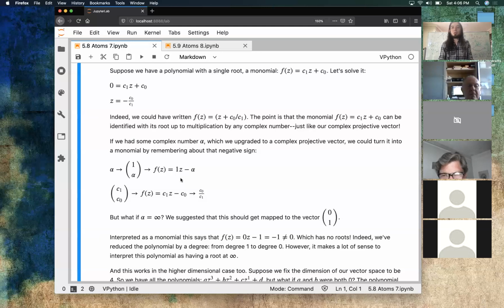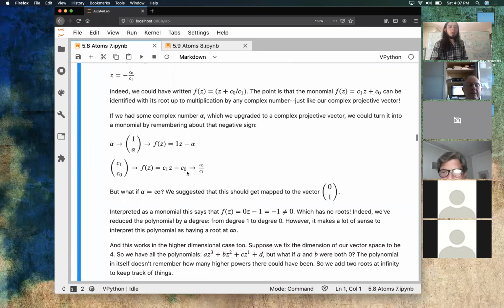And so the first thing to note there is that for the polynomial representation to work, we got to stick this minus sign in there, because you gotta move the alpha to the other side of the equation. Simple as that.